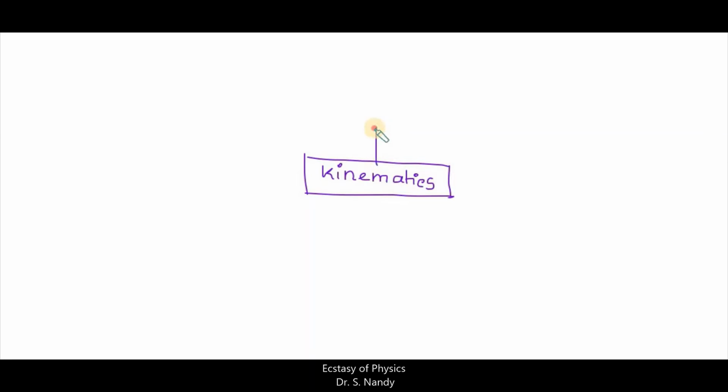So kinematics, first of all, we have defined that it is motion. It's related to the motion of any object. This is the definition of kinematics. Then under kinematics, first we went through the different parameters.